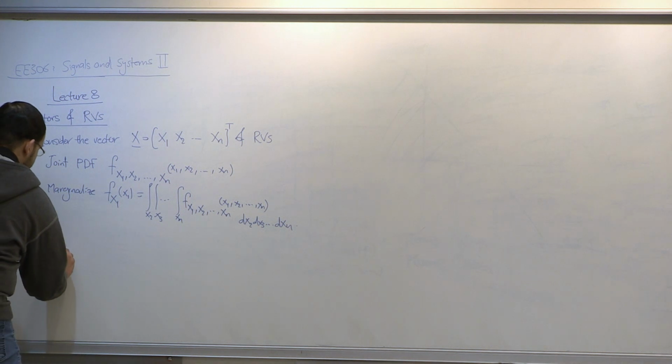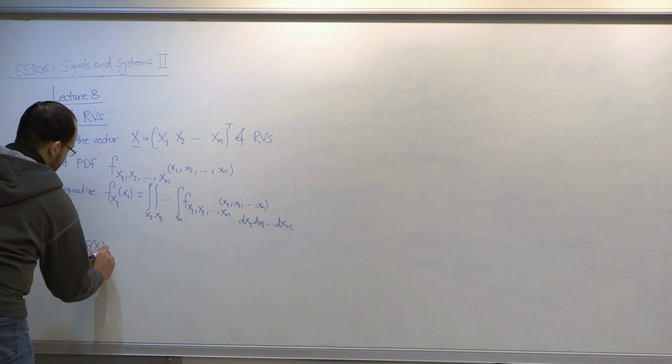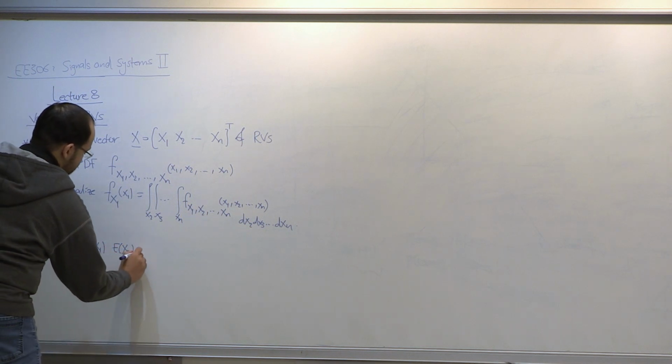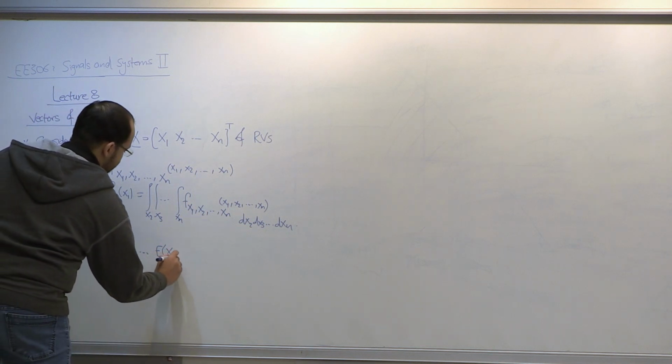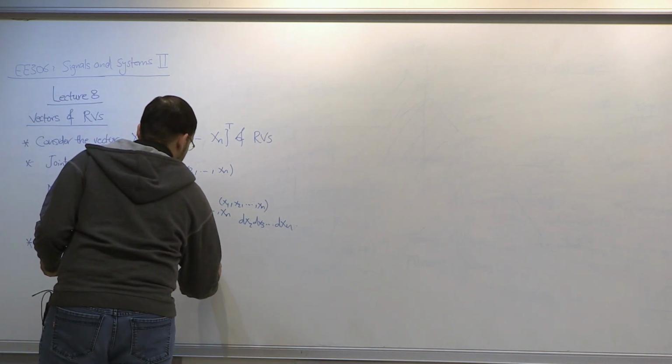Now, let's define some quantities. Mx is the vector of the expected value of X1, the expected value of X2, up to the expected value of Xn, transpose, and it is called the mean vector.